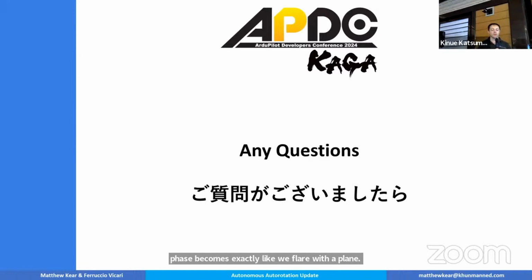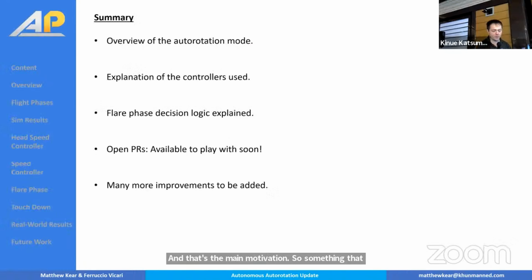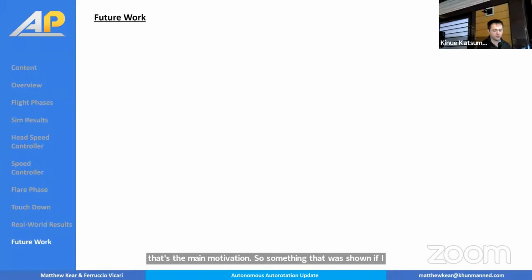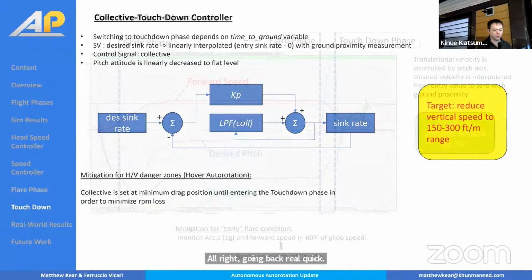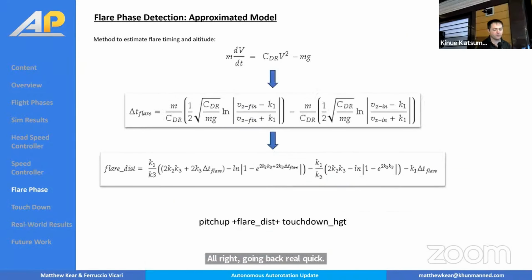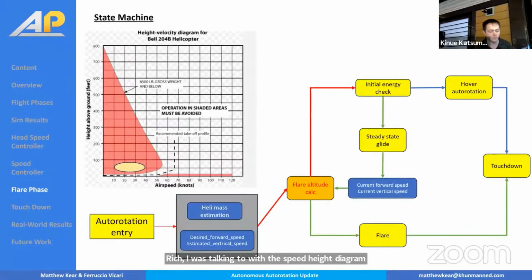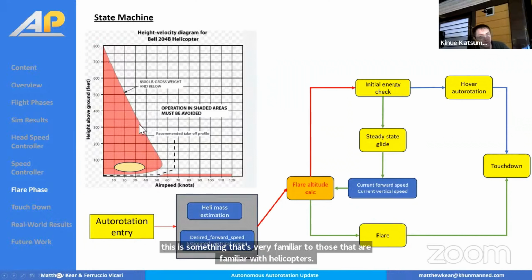So something that was shown, if I go back real quick, Ferruccio was talking to with the speed height diagram. This is something that's very familiar to those that are familiar with helicopters. This red curve here is often called the dead man curve.